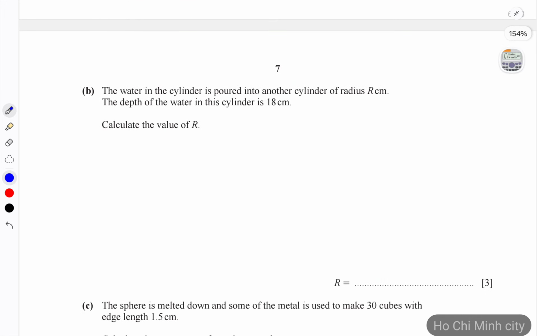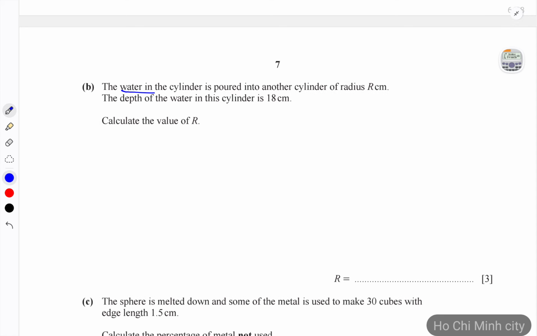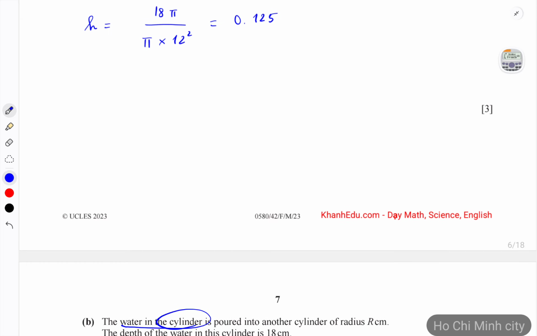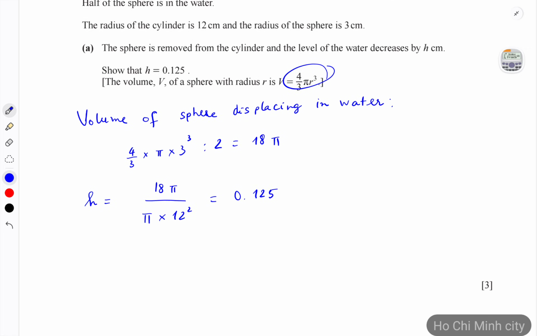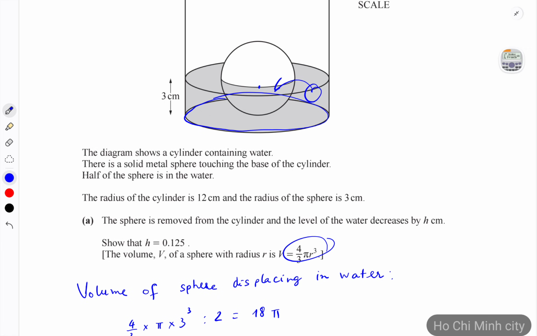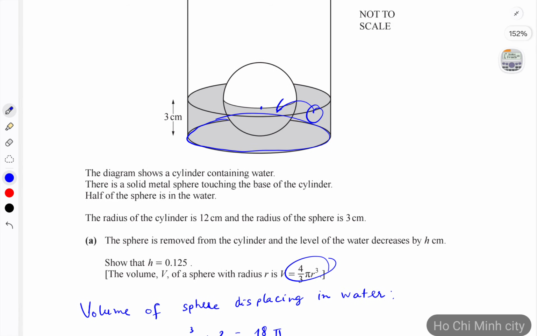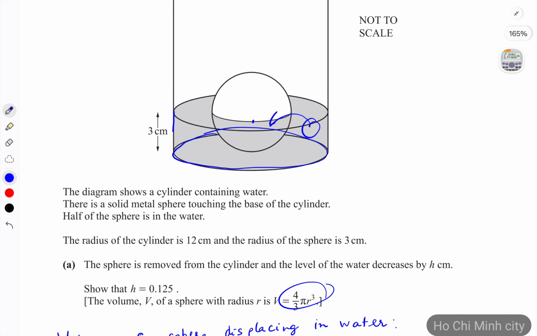So part B, the water in the cylinder is poured into another cylinder of the radius r centimeter. The depth of the water in this cylinder is 18 centimeters. Calculate the value of r. All right, so now the water in the cylinder is poured, right? So we need to know the total volume of water. All right, so here we know that this is the height of the water.